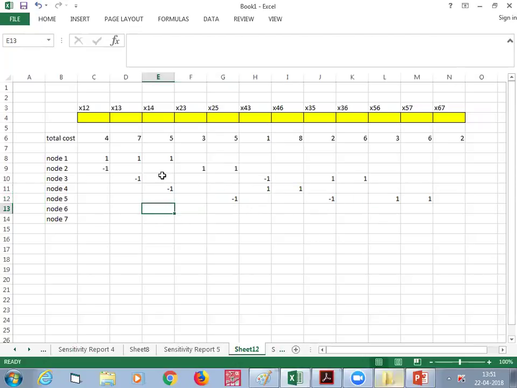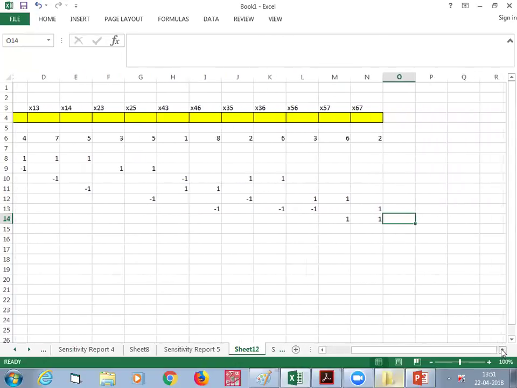Node 6 is here. So minus this, and plus this. Okay? And node 7 is 5,7 and 6,7.